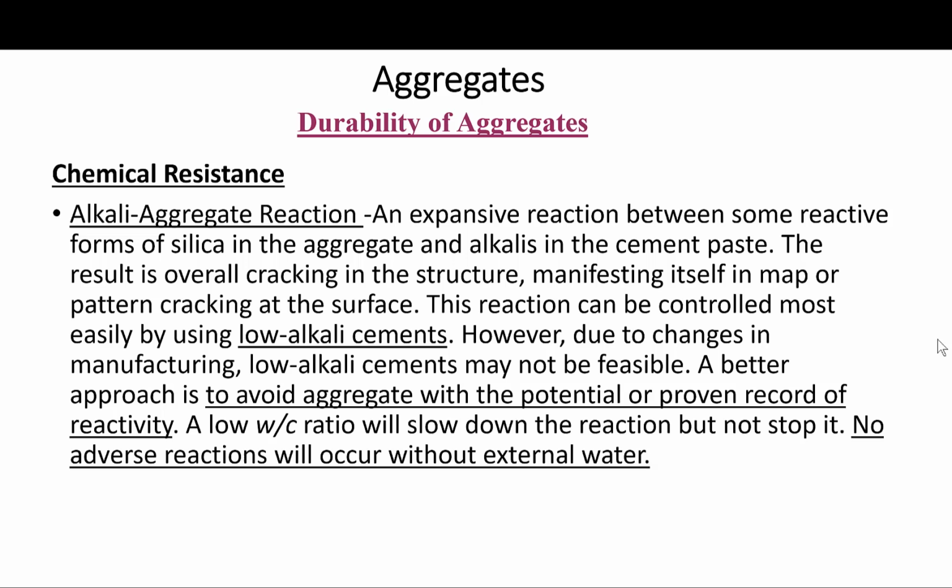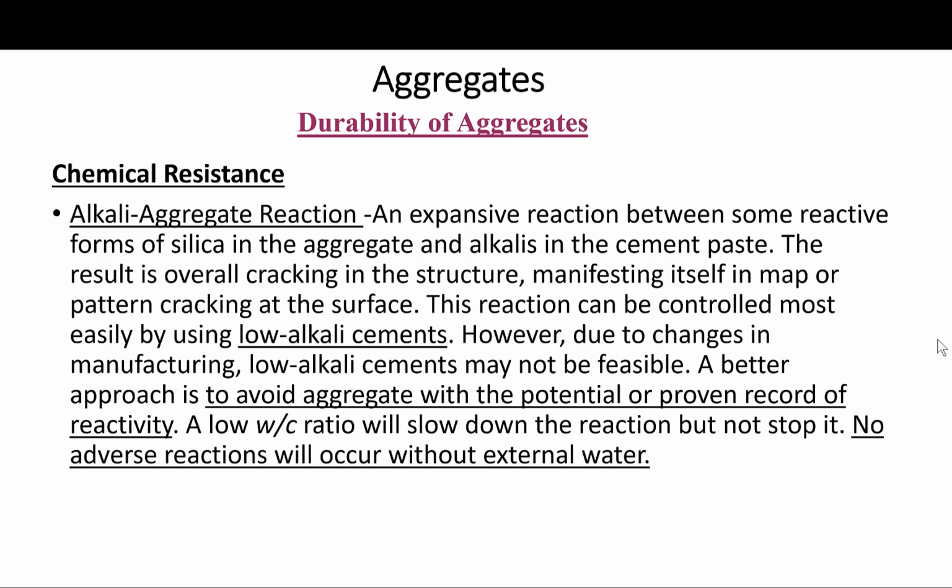The chemical resistance. We have a familiar term here, one I mentioned several times before: the alkali aggregate reaction. Basically, it is an expansive reaction between some reactive forms of silica in the aggregate and the alkalis in the cement paste. The result is overall cracking in the structure, manifesting itself in map or pattern cracking at the surface.